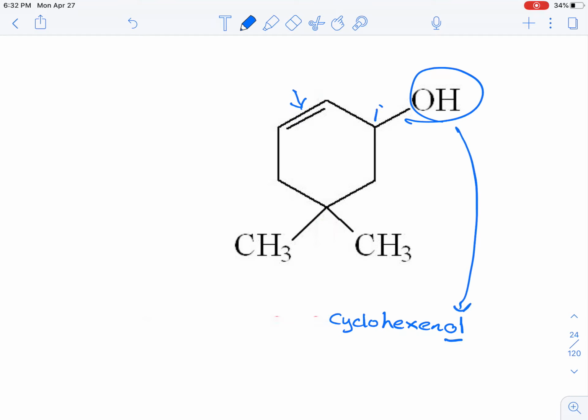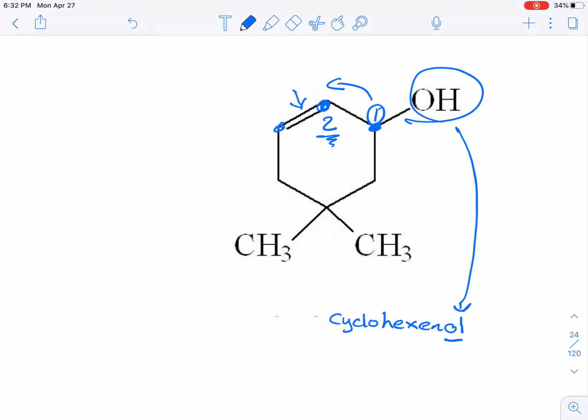I know that this is carbon number 1, and so therefore I just need to number my carbons either clockwise or counterclockwise so that the next substituent, if you will, has the lowest carbon number. And so in this scenario, if I go counterclockwise, the start of my double bond will be on carbon 2. Okay. And so this is probably the most favorable numbering system if I go counterclockwise.